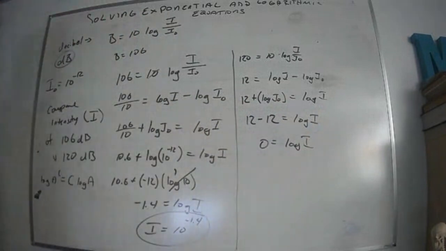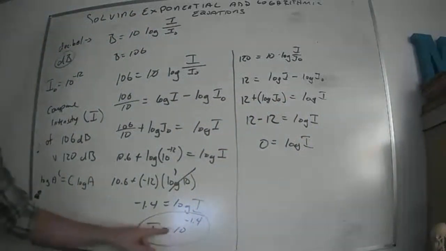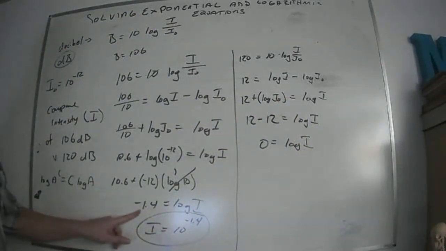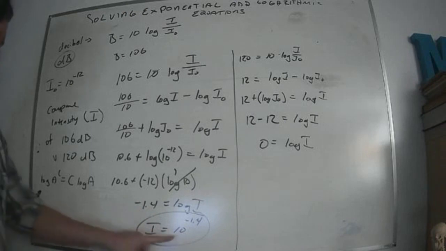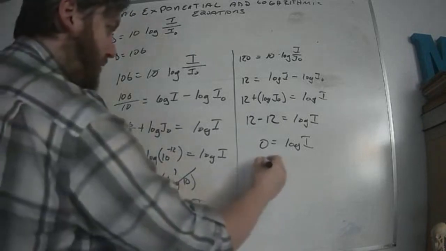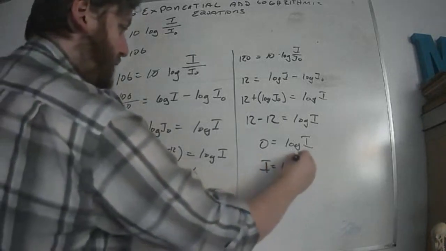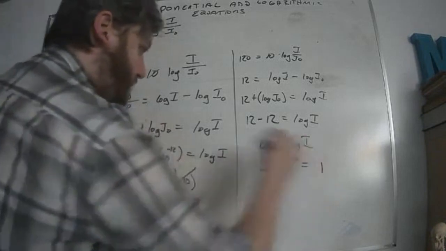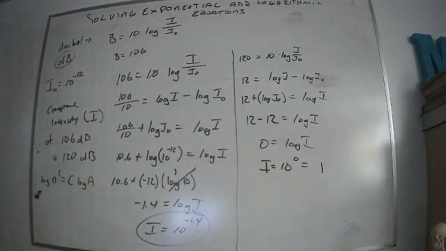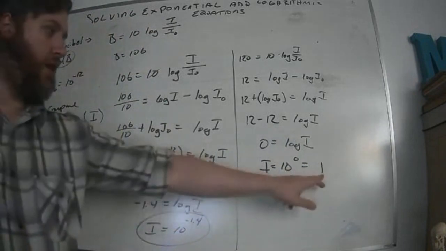So 0 equals the common log of I. Now remember, this does not mean I is 0. This means I is 10 to the power of 0, which on its own is 1. And the last thing, so now I have this intensity is 1.